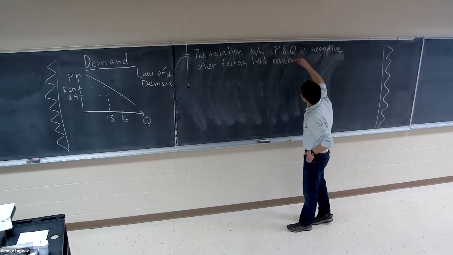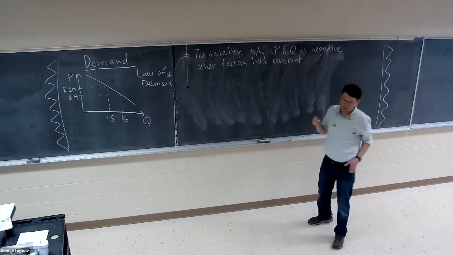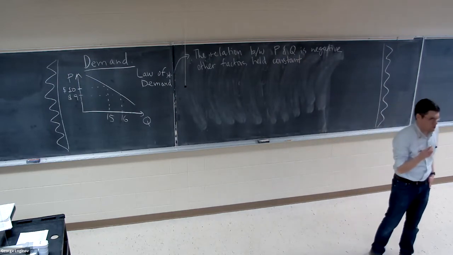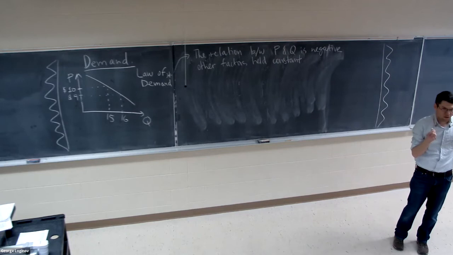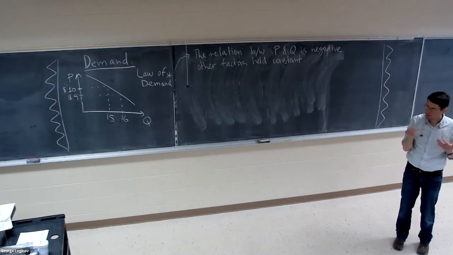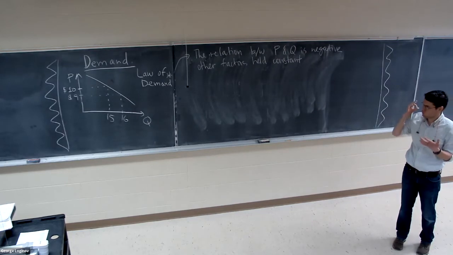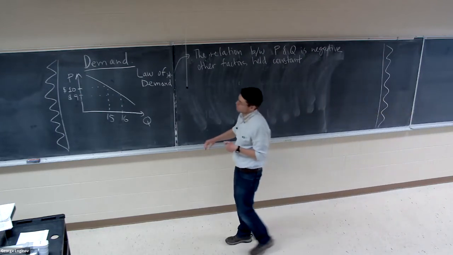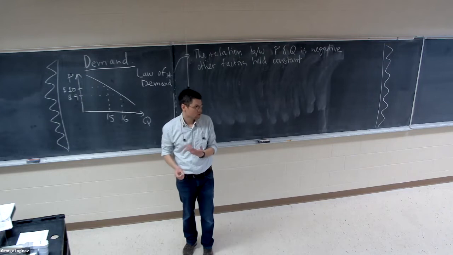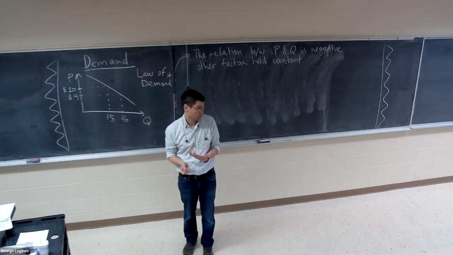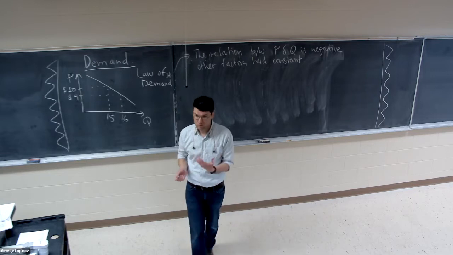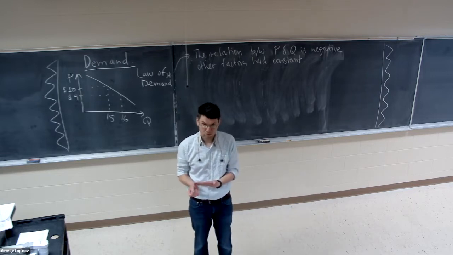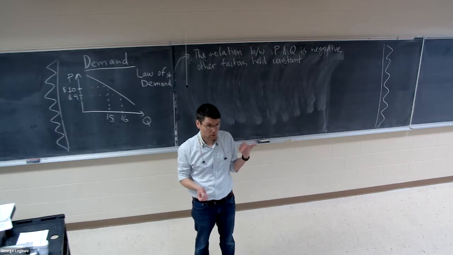And so that opens the door for us to consider a richer demand function. Basically, it's correct to say that if you vary the price of a product, the quantity that you're going to sell is going to vary as well. But that's not the only thing that can affect the willingness of people to buy your product. There are other factors, like how much money they have. So consumers' income.